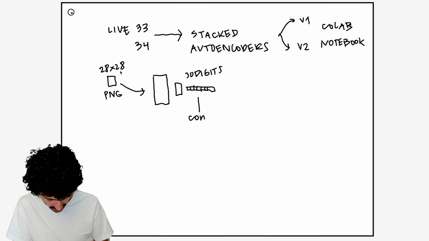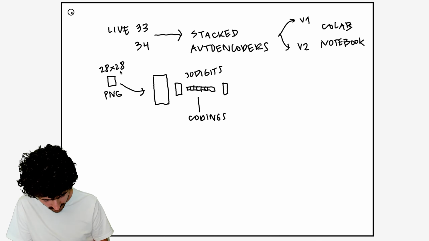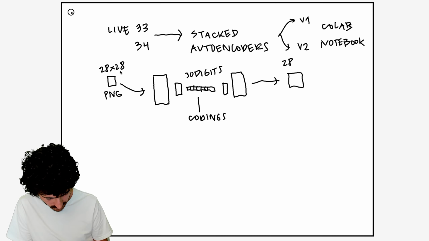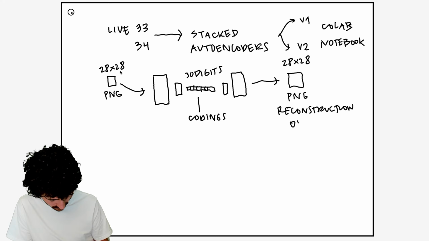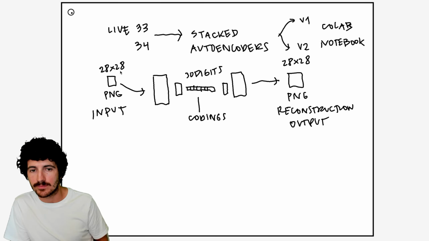So these were the codings of our network. And then we were getting that back into another image that is 28 by 28. That was the reconstruction. And this was our input.